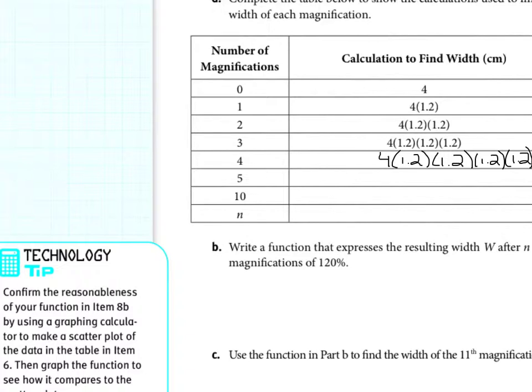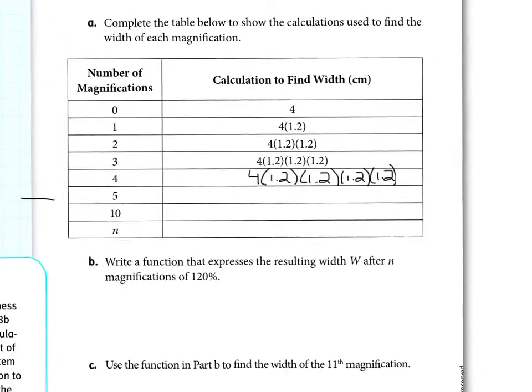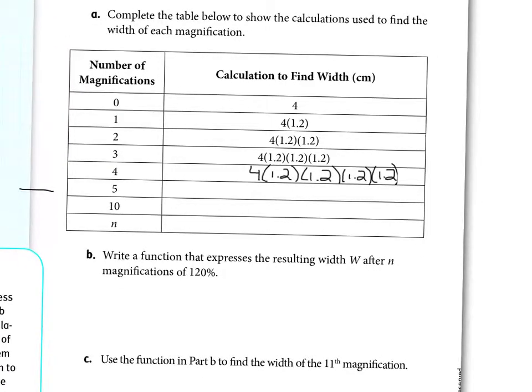What's another way we can put that we're multiplying by the same thing over and over and over? Well, could we have put this was 4 times 1.2 squared? 4 times 1.2, 3 times would be cubed. 4 times 1.2 to the 4th. So the next one would be 4 times 1.2 to the 5th.